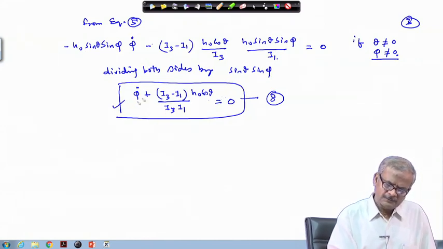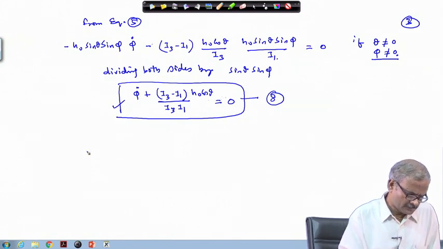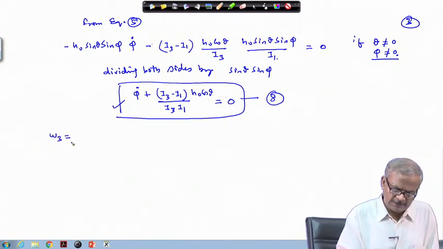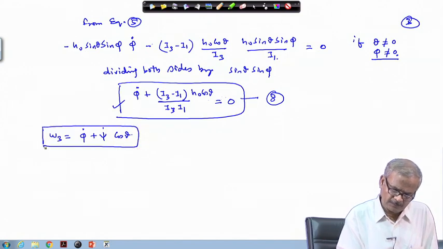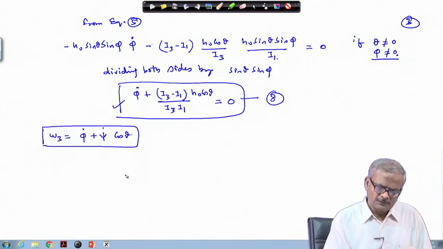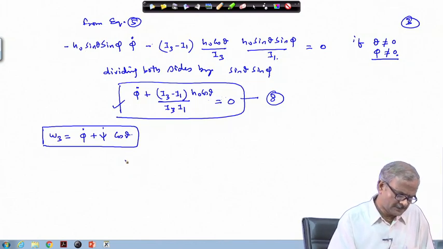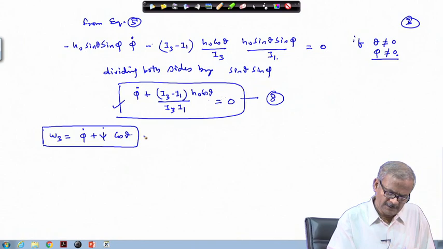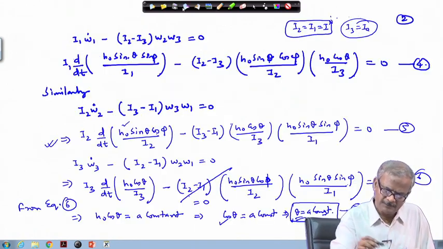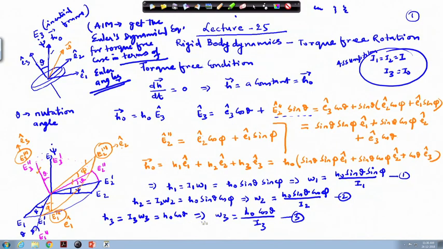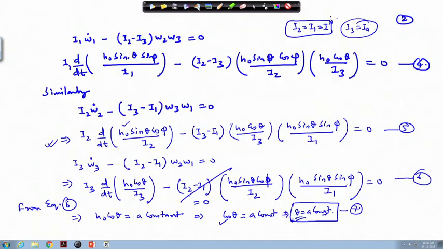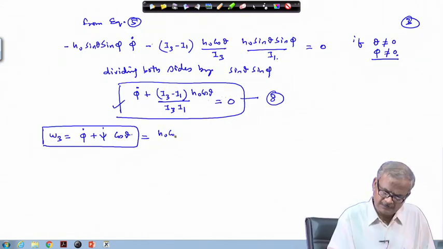Now, further we go and look for that. Earlier we have used this equation, omega 3 equal to phi dot plus psi dot cos theta. If we utilize this equation, we get some more things from this place. So, this quantity can be written as omega 3. If we go back and look here, omega 3 is equal to H 0 cos theta divided by I 3.